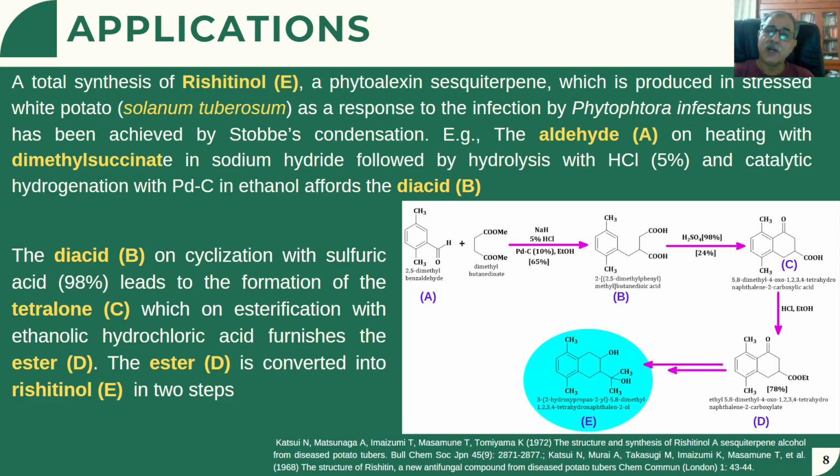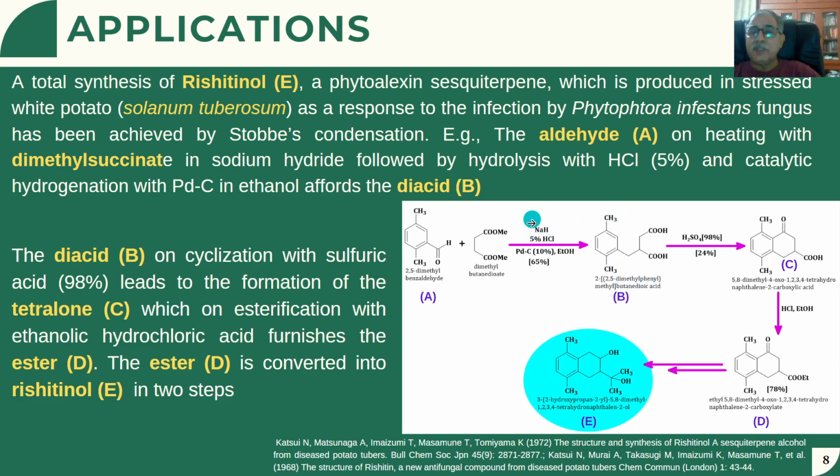So if we start with this type of aldehyde, 2,5-dimethylbenzaldehyde, and react with succinic acid ester, that is dimethyl butanedioate, in the presence of sodium hydride and 5% HCl, followed by catalytic hydrogenation in the presence of palladium and charcoal, this will be converted into this type of saturated diacid.